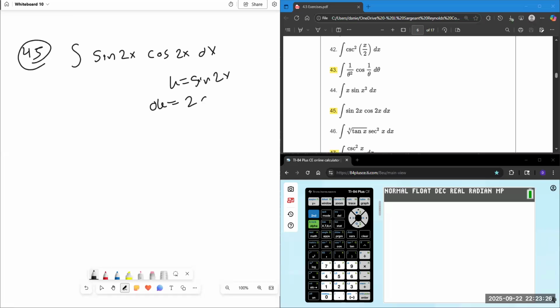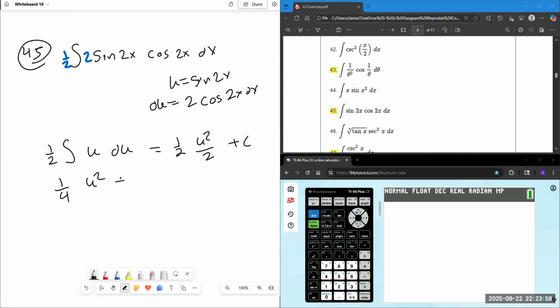Du would be 2 cosine of 2x dx, and I would need a 2 and a 1/2, and this would be 1/2 integral of u du. Because u would be the entire sine function, that would be 1/2 u squared over 2 plus c, which is 1/4 u squared plus c, which is 1/4 sine squared 2x plus c.